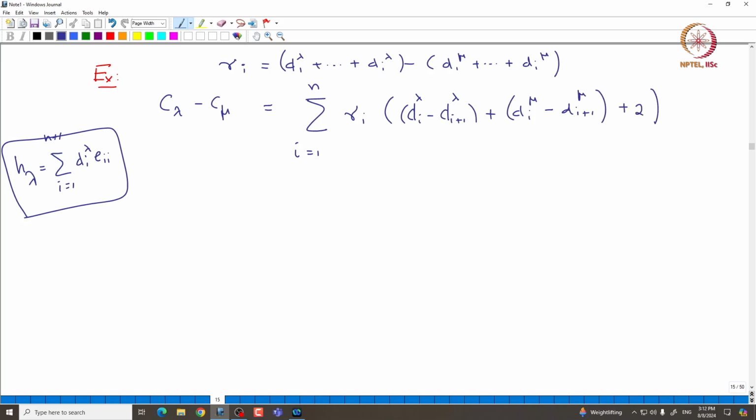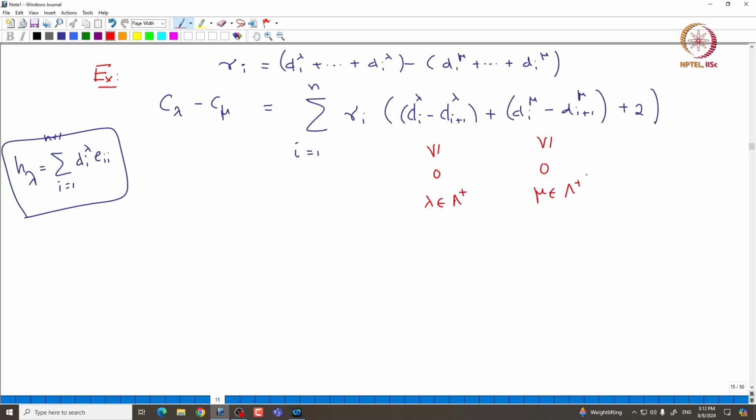So, we already know that lambda being dominant, Di is greater than or equal to Di plus 1. So, this term is greater than or equal to 0 and this term is greater than or equal to 0, that is, lambda being dominant and mu being dominant.